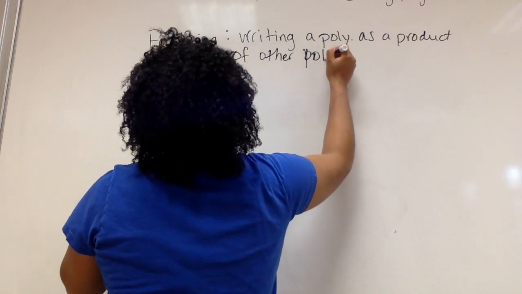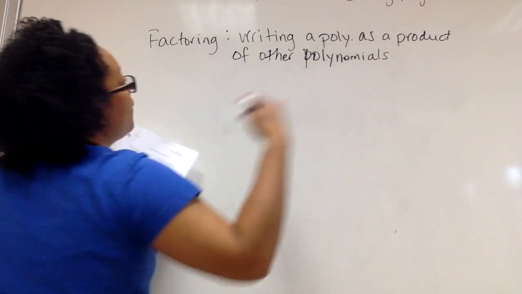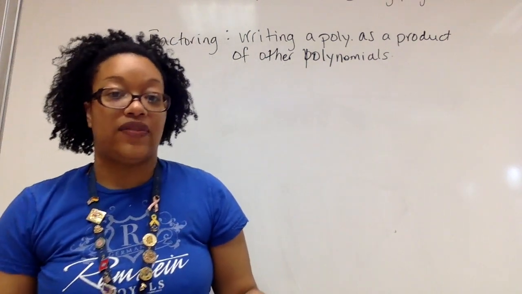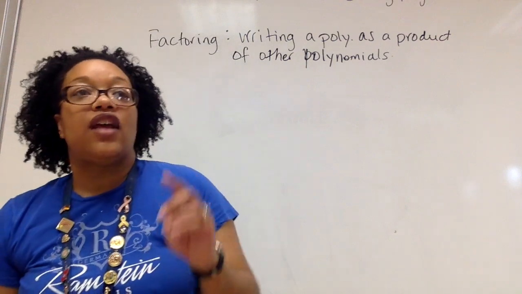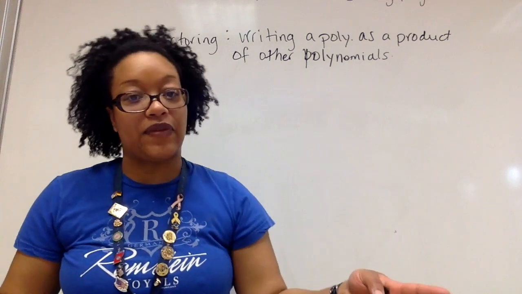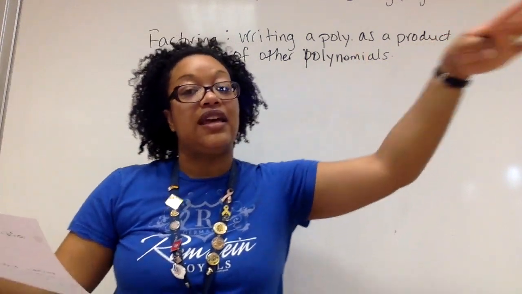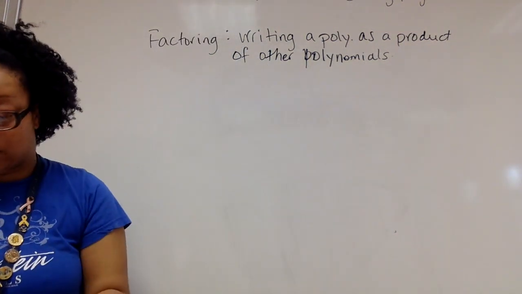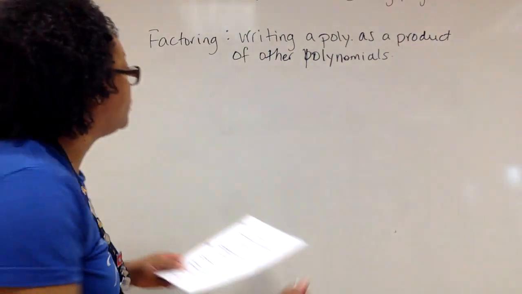And I'm going to say other polynomials because you'll find out that when we factor, sometimes you'll get two binomials, and that's coming, I think, in the second half of the unit. Today, you may factor and get a binomial and a monomial, something like that. But either way, you would take that information, set it equal to 0, and then solve to get your two roots.